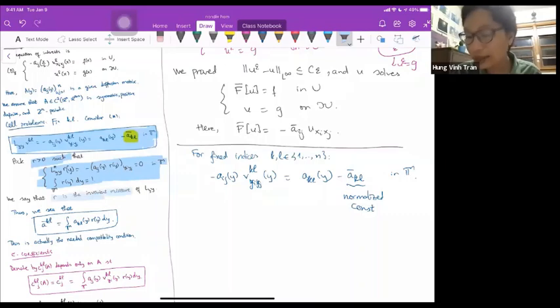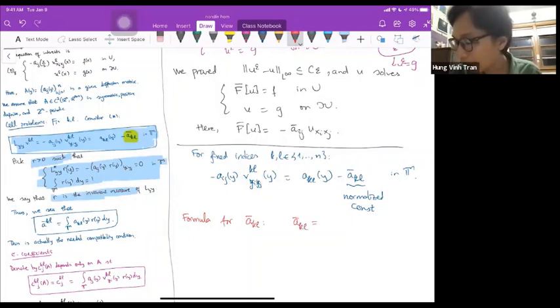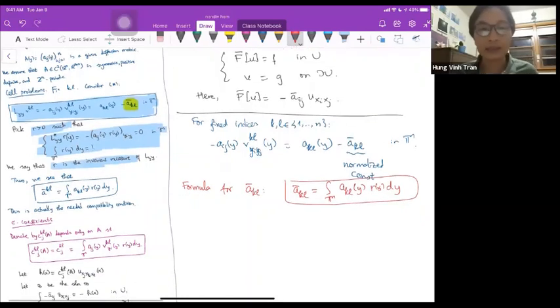We call R the invariant measure. Then we have a very beautiful formula: A bar KL equals the integral over the torus of A_KL with respect to the invariant measure.